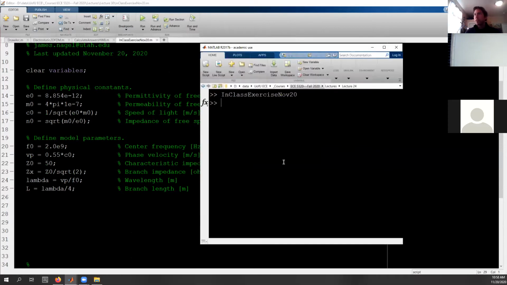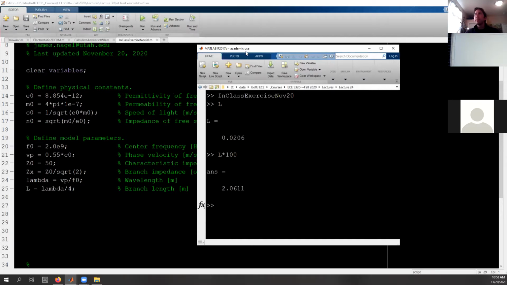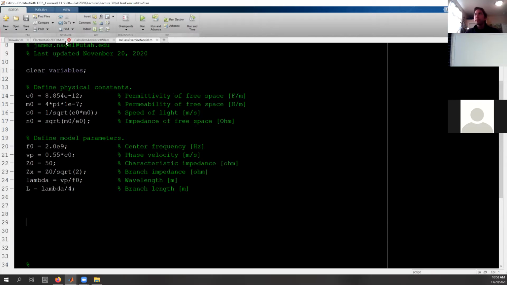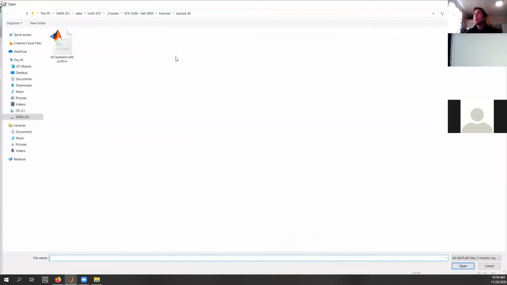So we go back over here. You notice I need about 2 centimeters for the quadrature section. Then the only real question is, what are the widths that I'm going to need for those traces? So let's go back here. I'm going to open up my lab code.